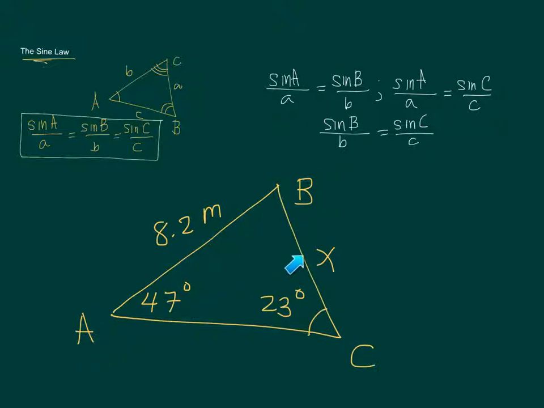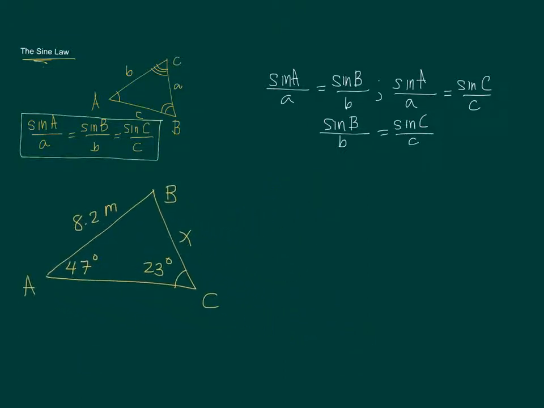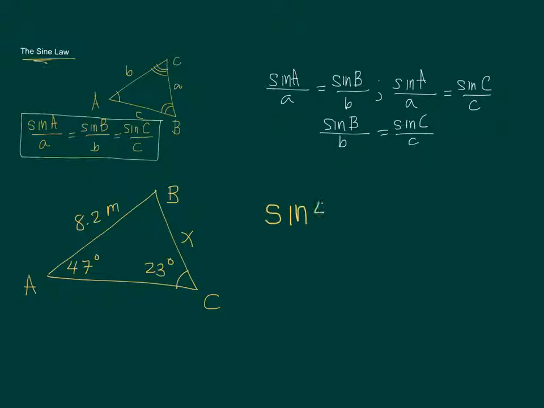So let's check if we can apply the sine rule or sine law. If I want to use the angle A, that means sine of 47 over the side opposite of angle A, which is x, is equal to, so I have to relate this ratio to another ratio whose values are known.